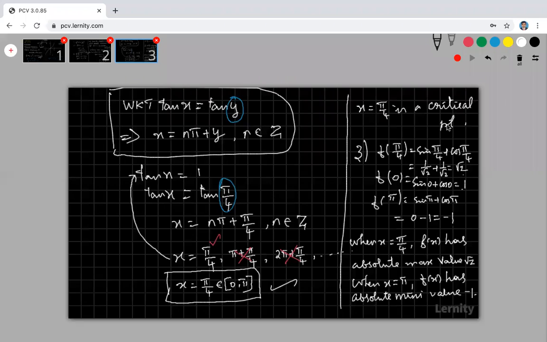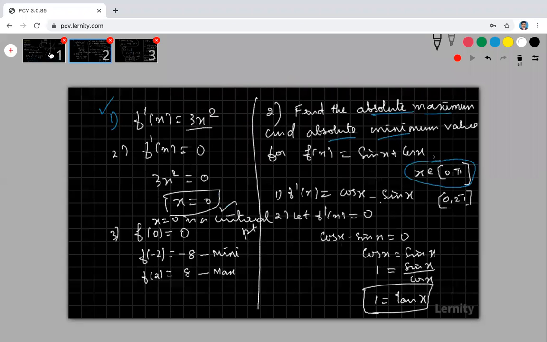What does that mean, pi by 4, sir? At pi by 4, if we are getting some critical point, sometimes it acts as a minimum point or maximum point, and sometimes it acts as a point of inflection, which means no minimum and no maximum. See that in the previous example, x equal to 0 is a critical point, but at this point I am not getting maximum or minimum.